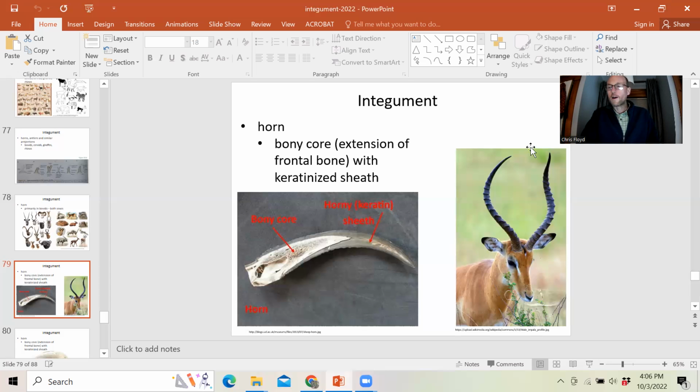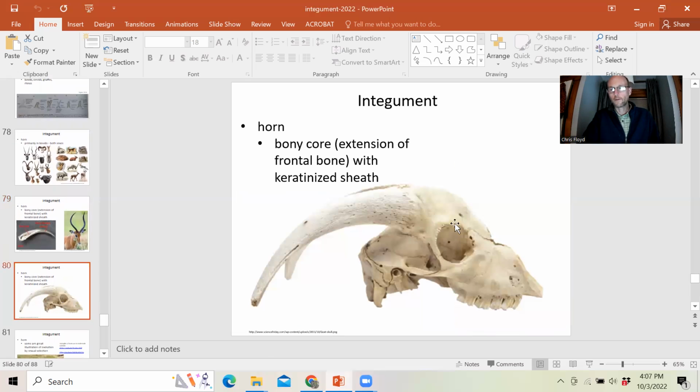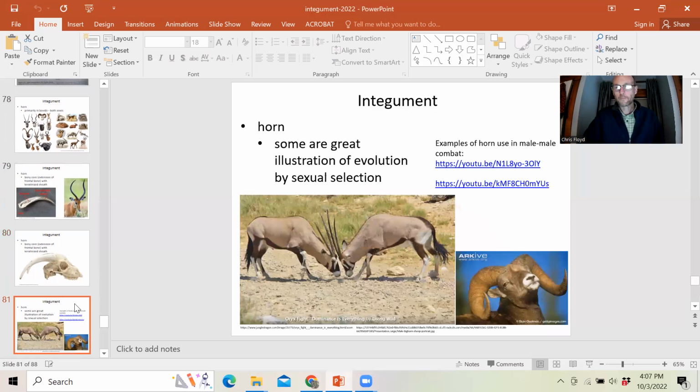So what you see is the keratinized sheath. Underneath is the bone, and it is heavy. It takes a tremendous amount of energy to grow. Look at this. It's an extension of the frontal bone, in this case, not always, with a keratinized sheath. Why grow something like that?